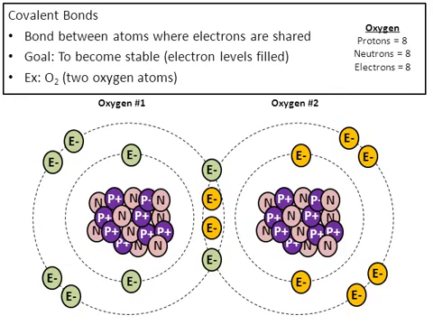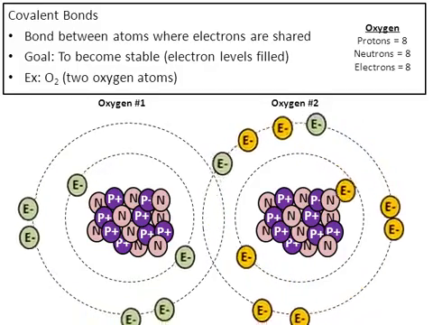Let's look at oxygen number 2. Oxygen number 2 has 2 electrons in the first level, stable. Look at the outside level: 1, 2, 3, 4, a shared fifth, 6, 7, a shared eighth. Because they're sharing electrons, oxygen number 2's outside level is now stable.